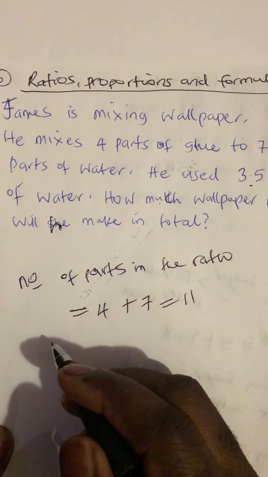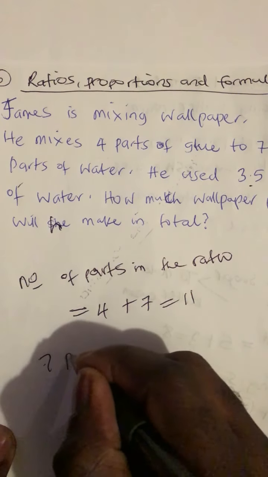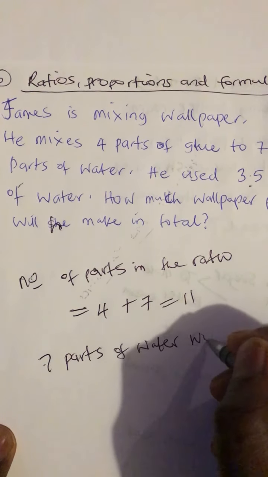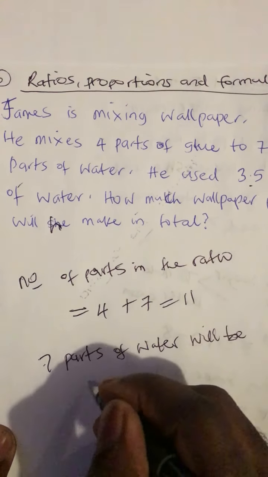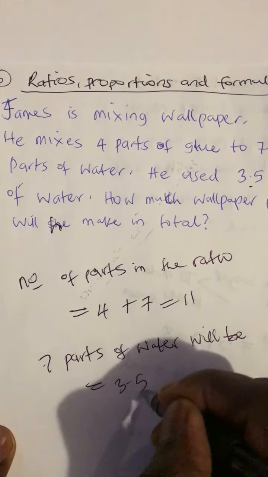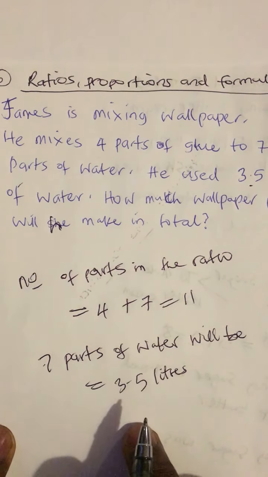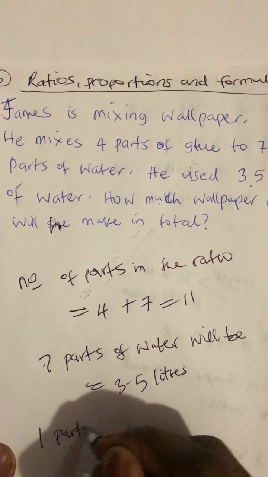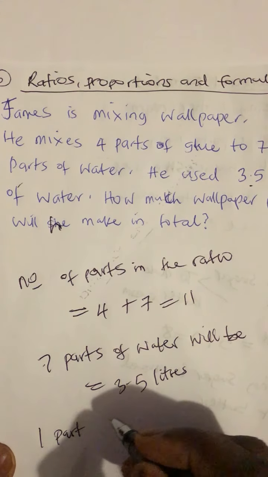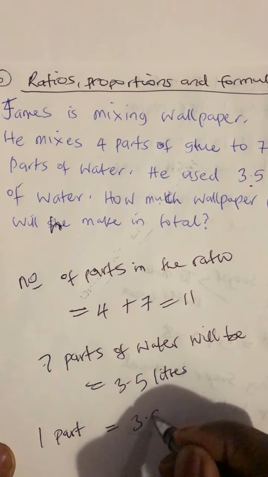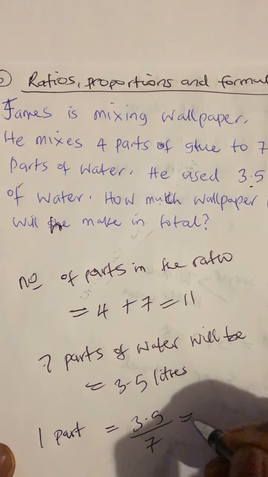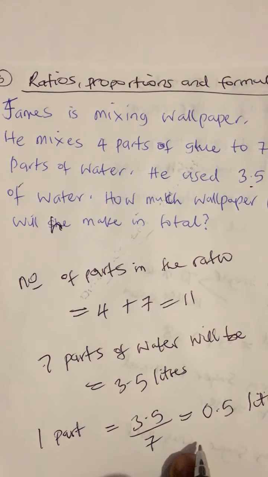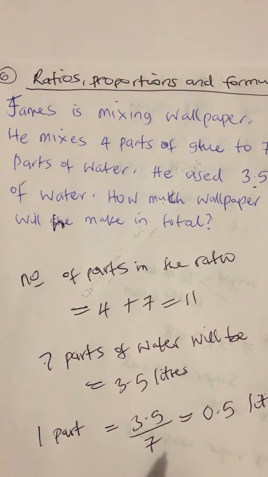So 7 parts of water will be equal to 3.5 liters in the ratio mixture. So one part will now be 3.5 divided by 7, which is 0.5 liter.